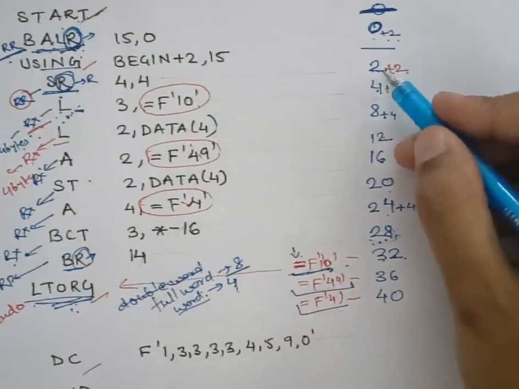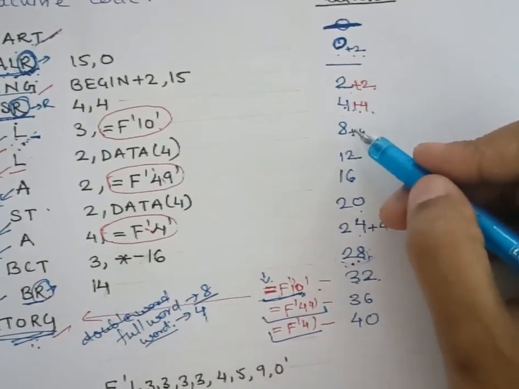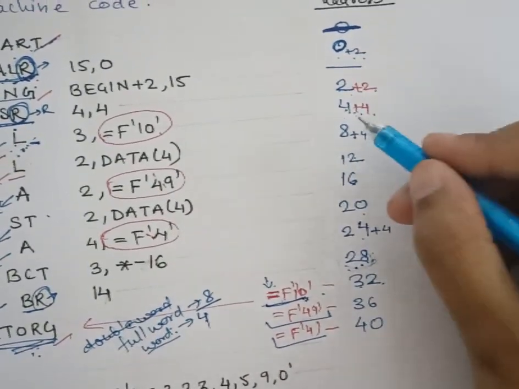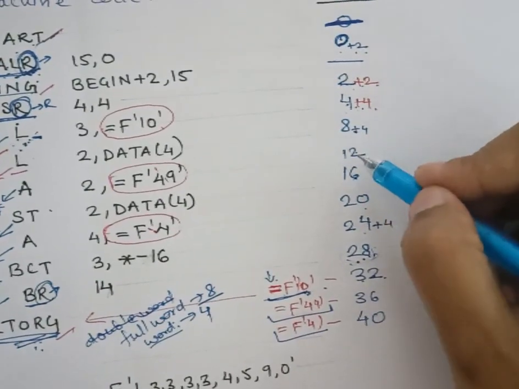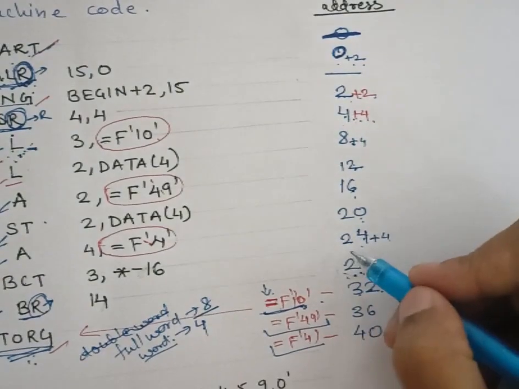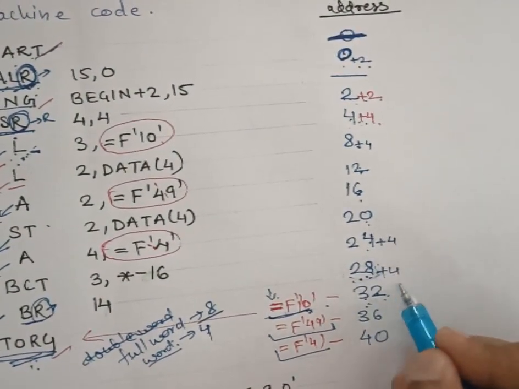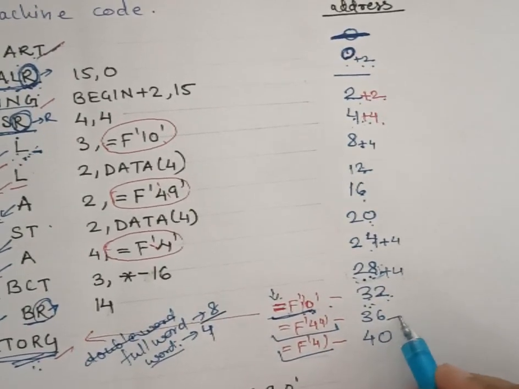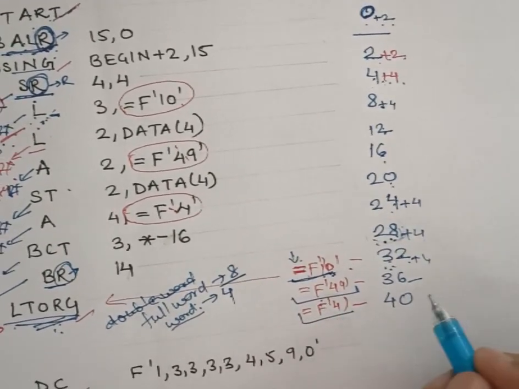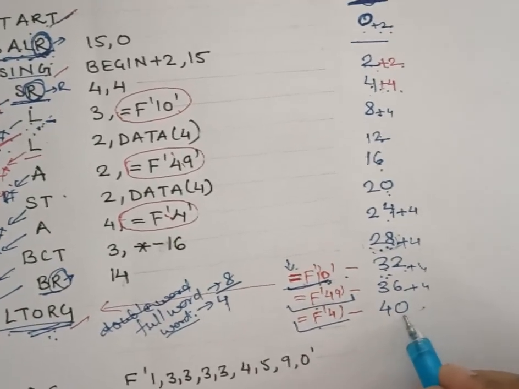So here we can see 0, 2, then we are having the 4, or we can easily recognize with the help of the 4 table: 4 ones are 4, 4 twos are 8, 12, 16, 20, 24, 28. So this is considered as a full word. So we give 32, that is plus 4 to the F of 10, 36 again plus 4 to the F of 49, and plus 4 for F of 4, that will become the 40.